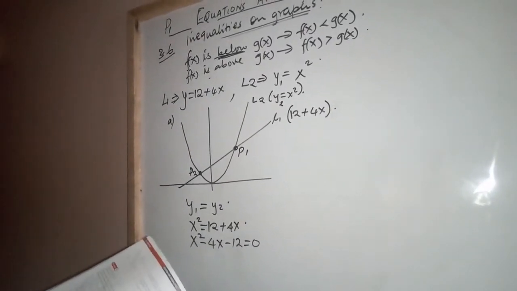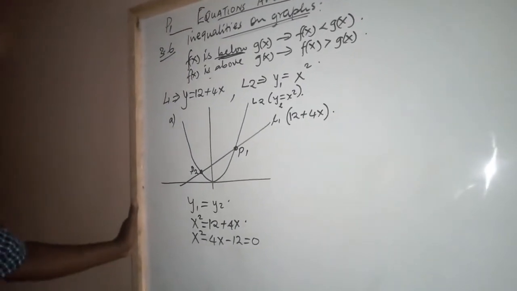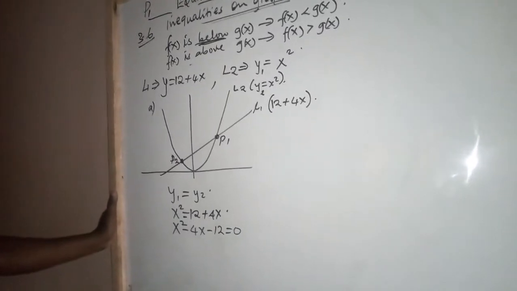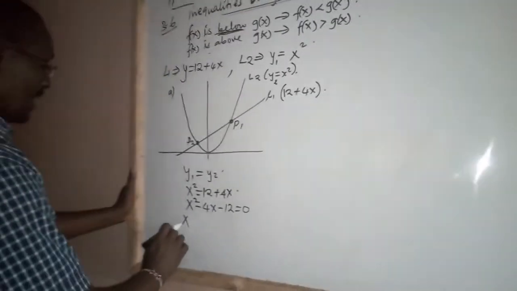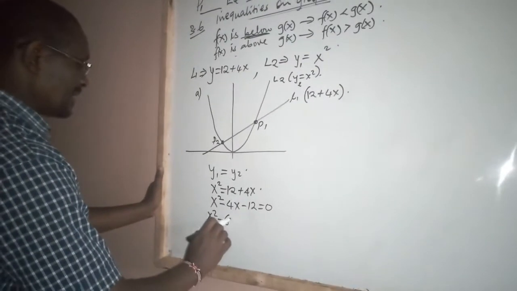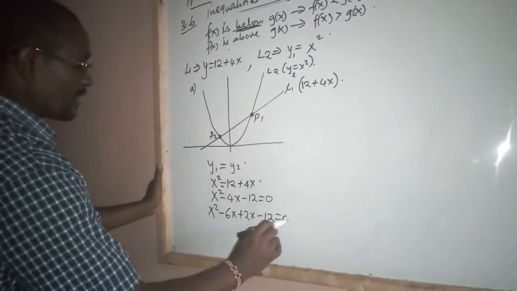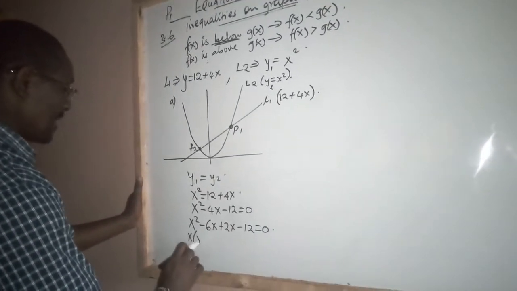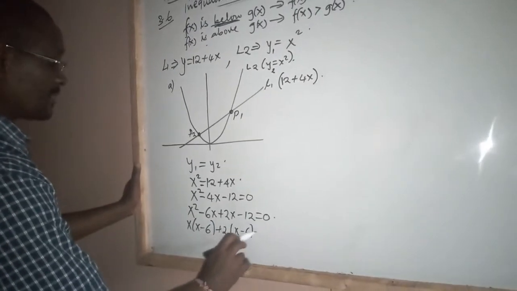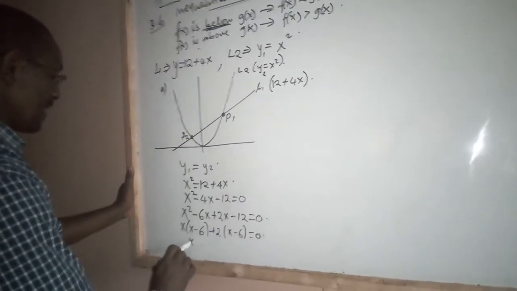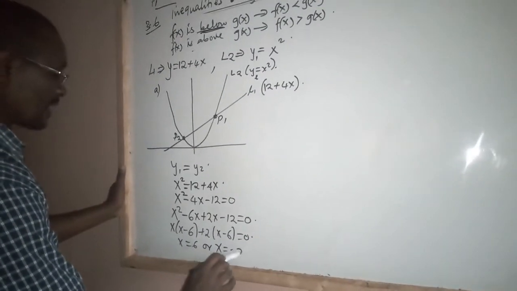So the moment we have such an equation, then we can easily solve this one using the quadratic formula or the factorization method, and we have x squared minus 6x plus 2x minus 12 is 0. So x(x minus 6) plus 2(x minus 6) is equal to 0. So we have x equals 6 or x equals negative 2.